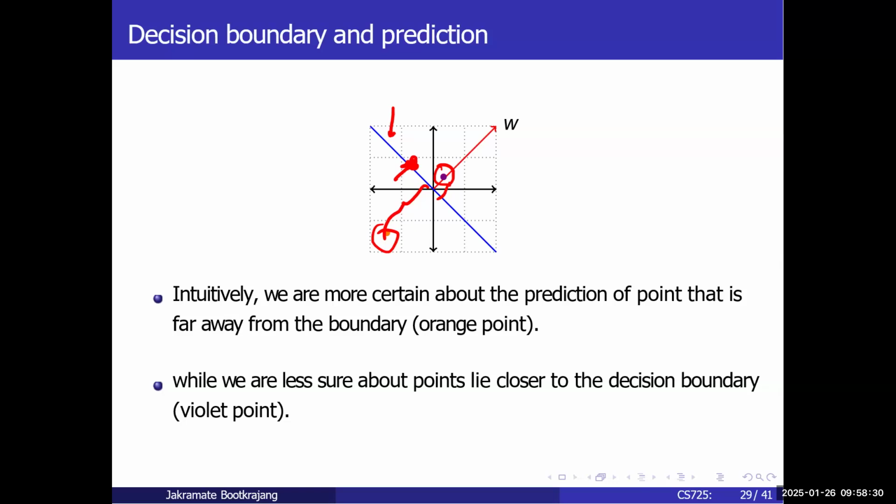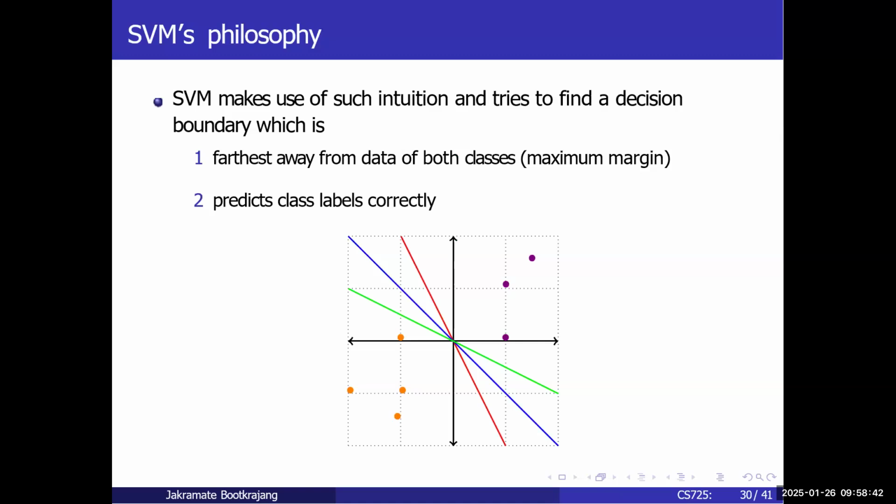Because of this observation, that the distance from the point to the decision boundary also matters, we can start making an evaluation. For example, for this data, I have 3 solutions: green, blue, and red. All of these lines separate the data, separating the purple and orange.